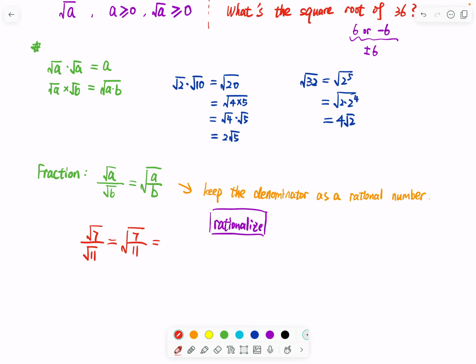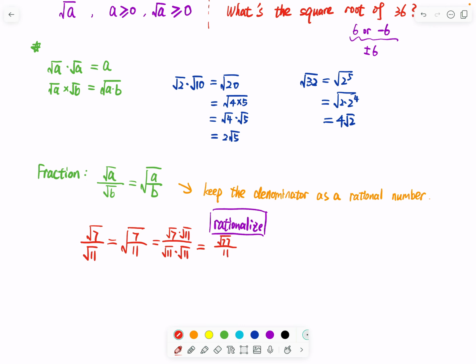To make the denominator a rational number, I can multiply by root 11. It will become root 77 over 11. 77 is 7 times 11, so of course we cannot simplify. So this is the rule.